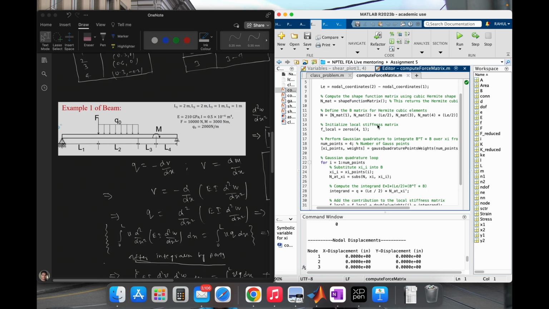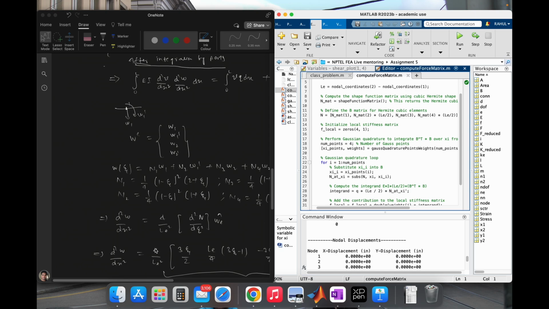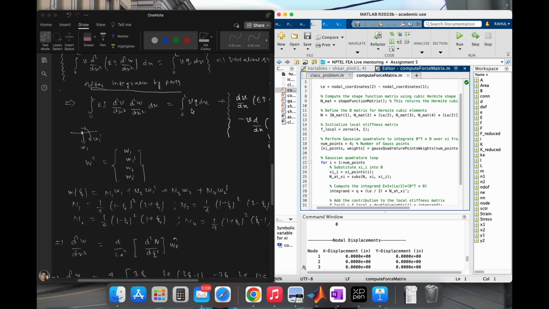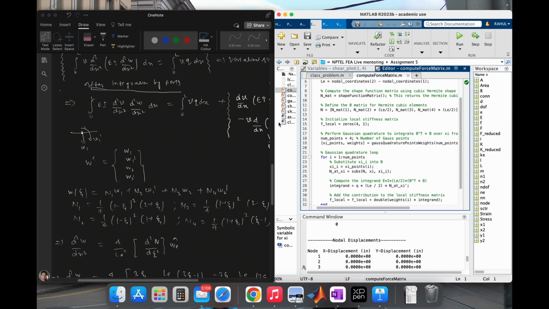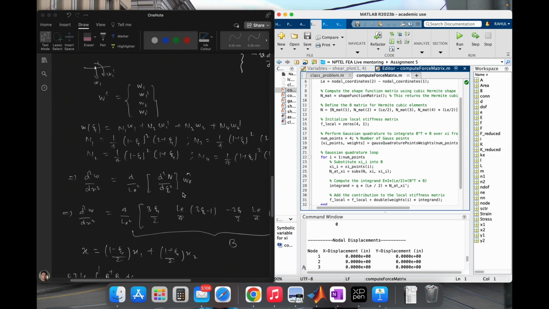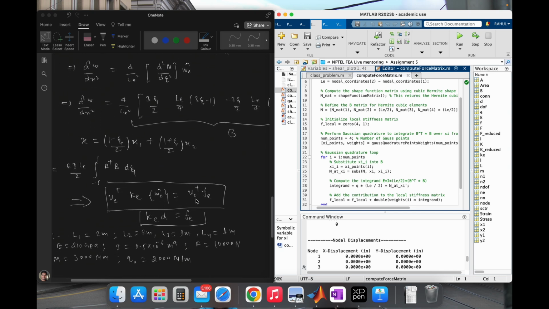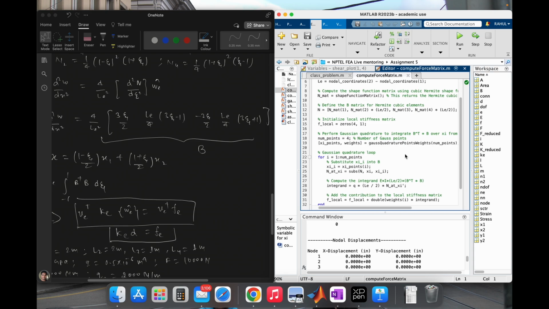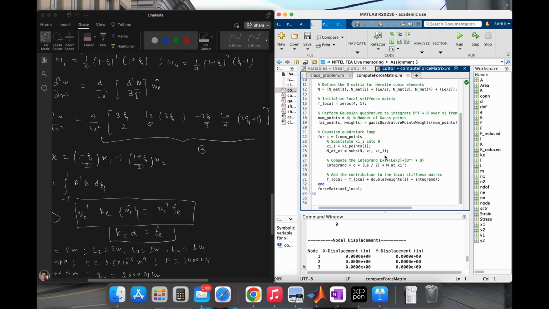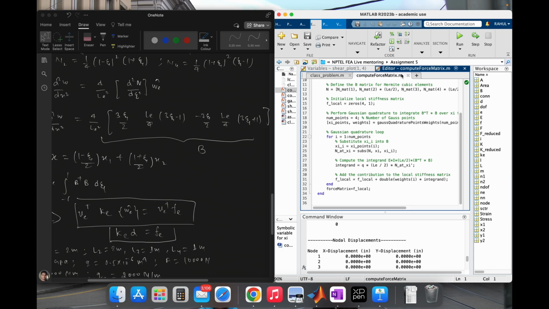This is nothing but the same thing which we have already discussed, that is the V, which is nothing but the N transpose and Q. Then it will integrate, because V transpose will go outside of the integral. This is the N, N transpose whatever we used, then it will be multiplied by Q into LE times N transpose. So this will be the force matrix.